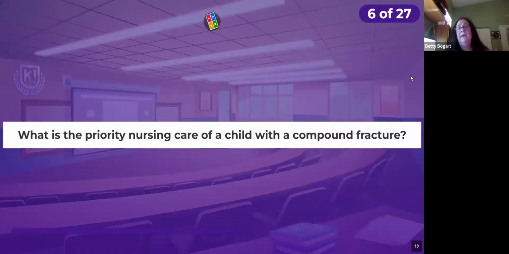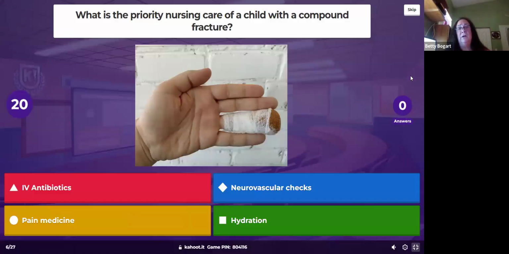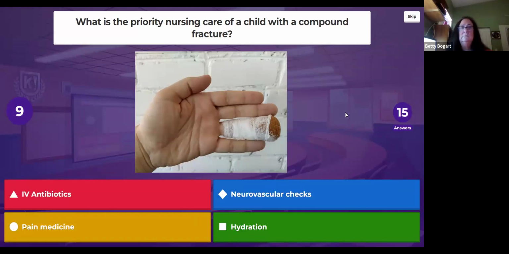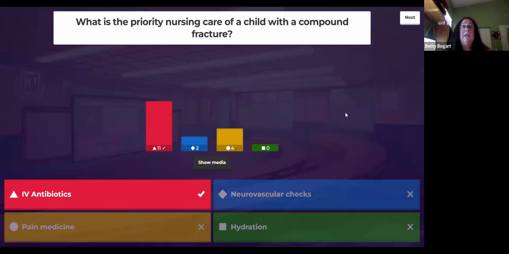What is a priority nursing care of a child with a compound fracture? Priority nursing care for a compound fracture, or a fracture open to air with our chances of osteo, your priority will always be IV antibiotics.